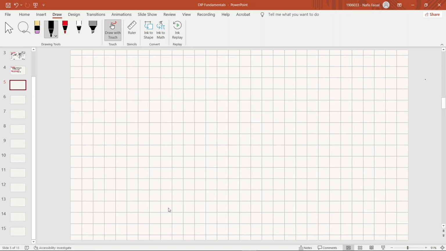Now, I'll define what an image is and what a digital image is. An image is a function of two spatial variables.